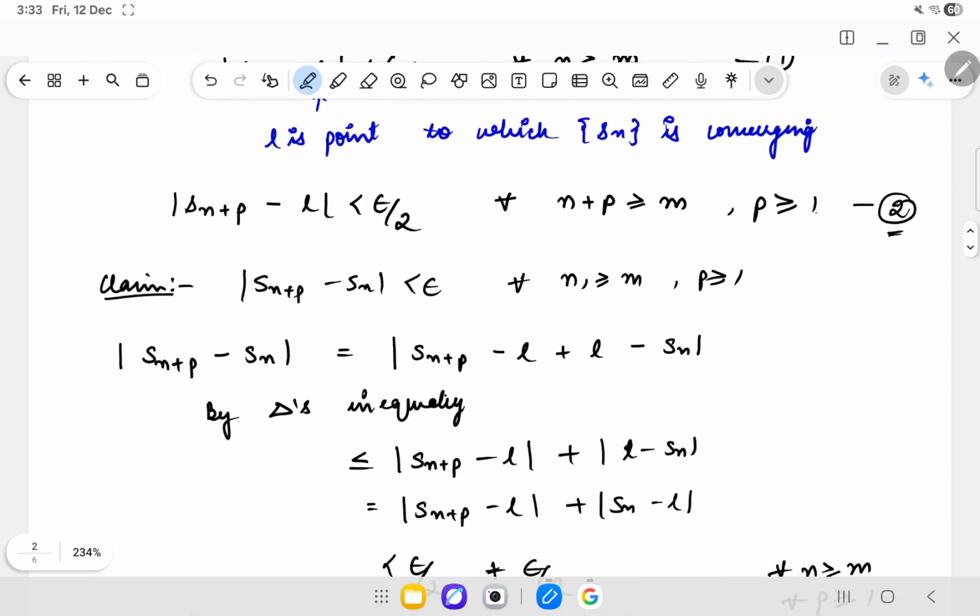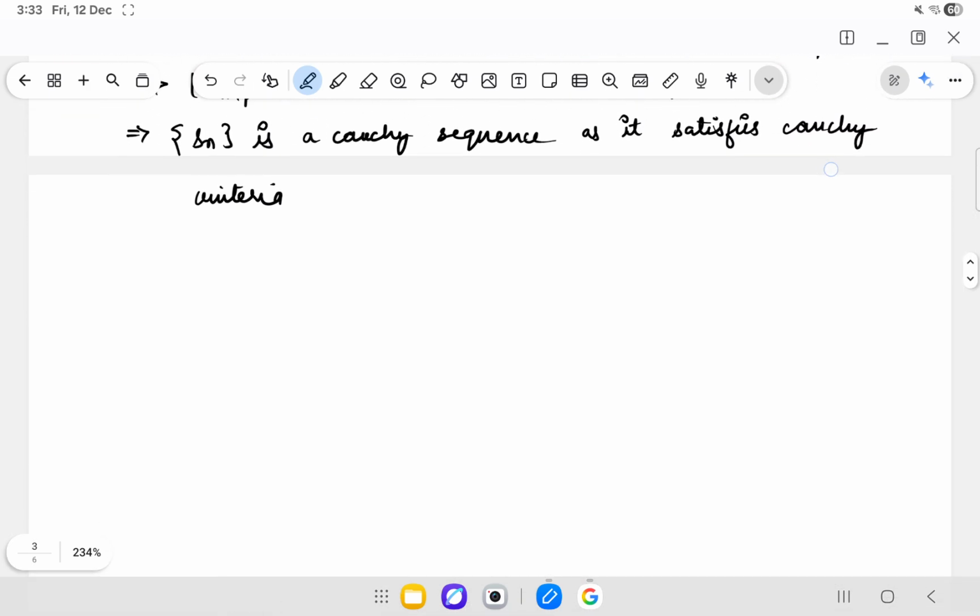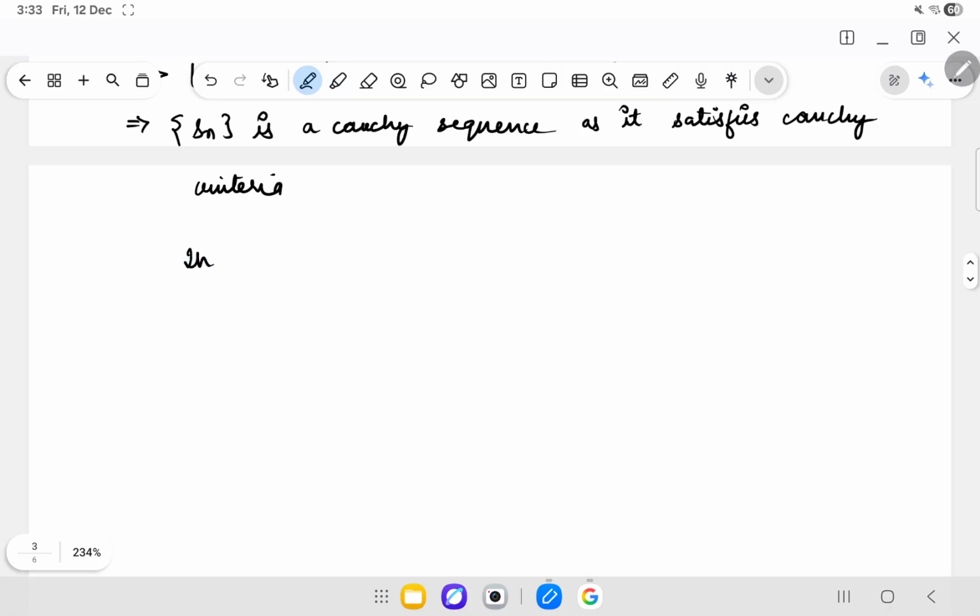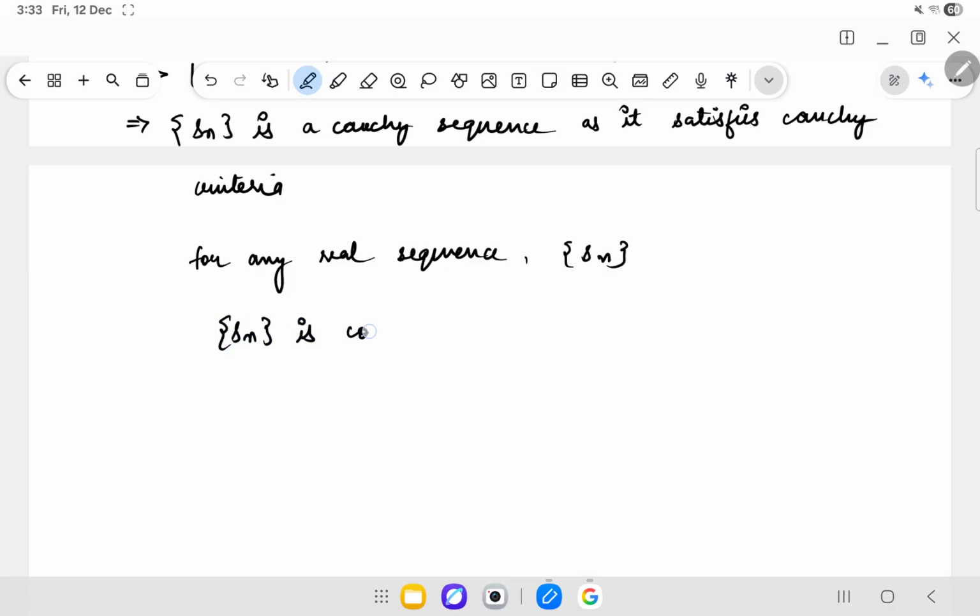So basically the importance is, we have a result which states that for any real sequence Sn, the sequence is convergent if and only if it satisfies the Cauchy criteria, if and only if it's a Cauchy sequence.